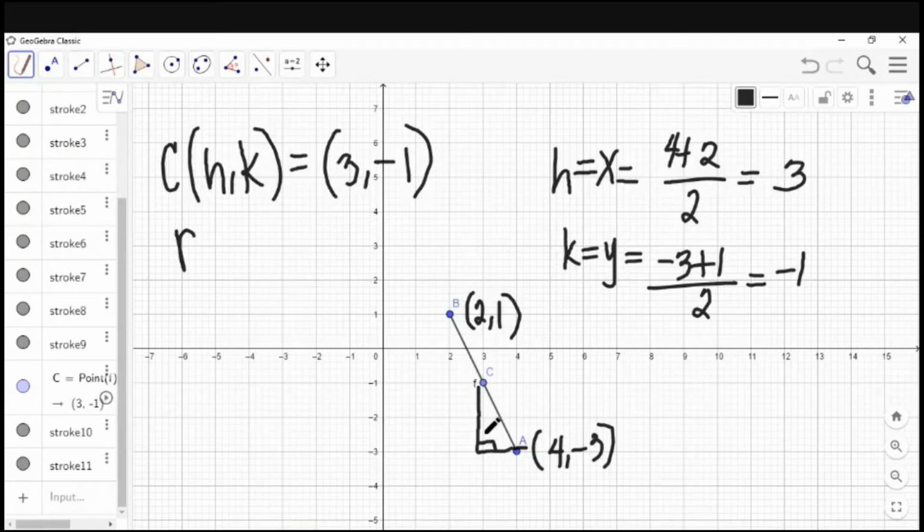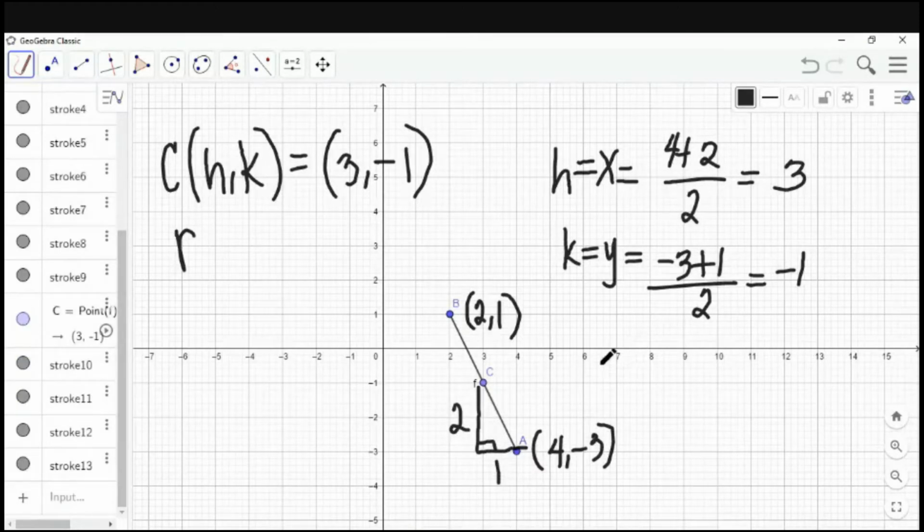And since I know how to get the hypotenuse of a right-angled triangle using the Pythagorean theorem, then that is also possible. I'm choosing this method because I can easily count the number of units for my two legs. So for this side, I have 2, and for this side, I have 1.